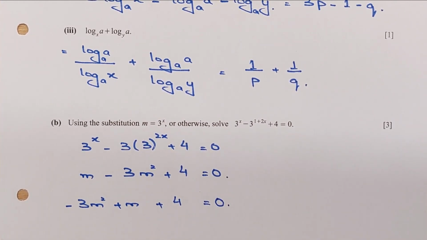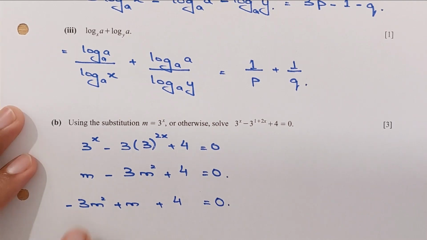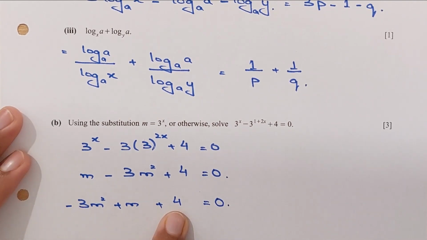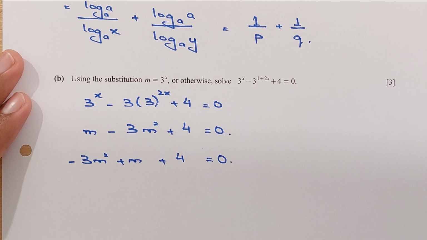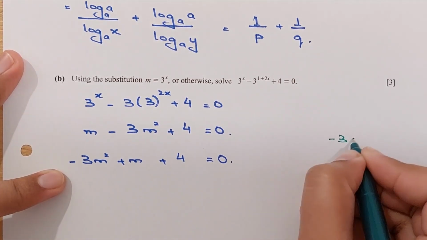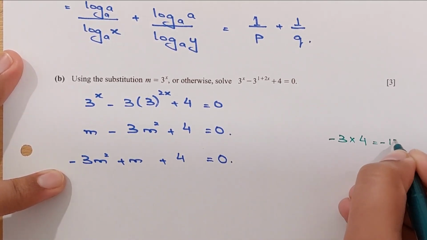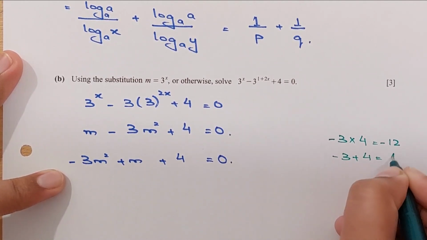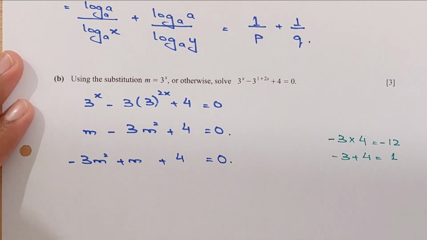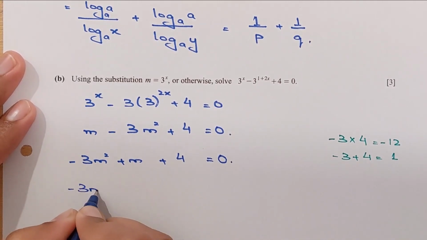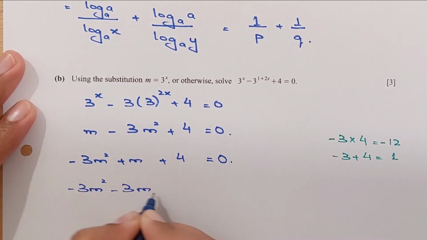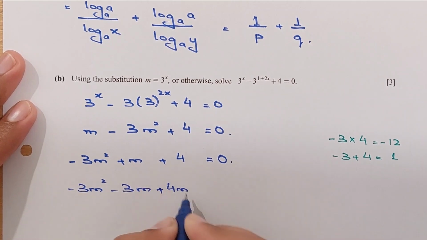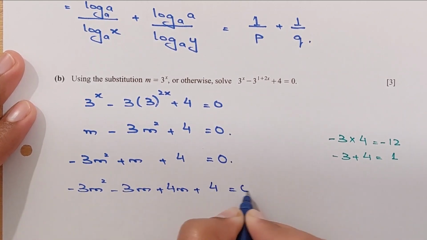Okay, so let me solve this by using factorization. Minus 3 times 4 is minus 12, and how can we make it 1? When we do minus 3 plus 4, this equals 1, and we have just 1m. Let me break the middle term: minus 3m squared minus 3m plus 4m plus 4 equals 0.